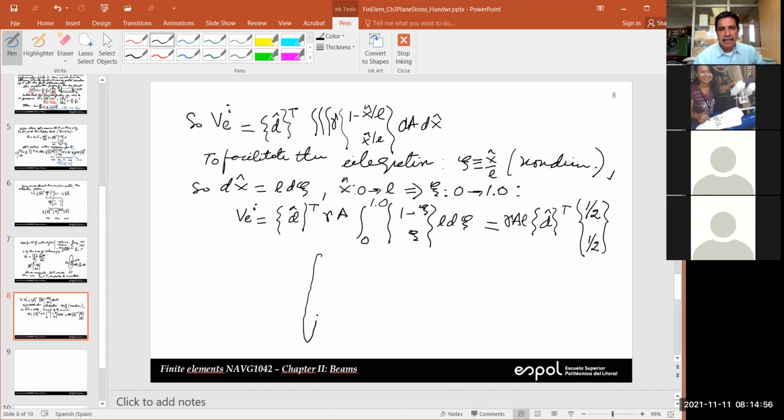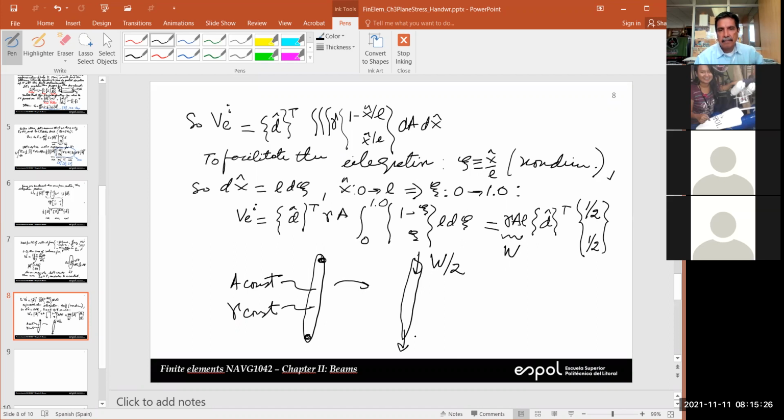Makes sense, right? We have this bar, so A is constant, gamma is constant, and instead of having this force, we're going to have two concentrated forces, one here and one here. And how much is that going to be? W divided by 2, because this is W, and this W divided by 2. That's the result that we used in Homework 2.